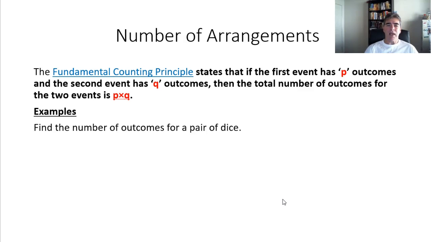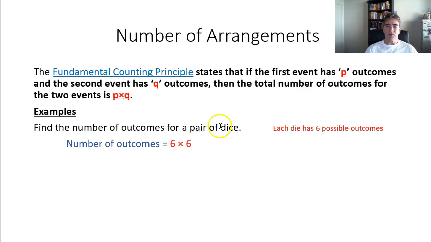So let's have a look at the number of outcomes for a pair of dice. So we know that each die has 6 possible outcomes. So the number of outcomes altogether is 6 for the first die and 6 for the second die, because we're talking about a pair of dice, and multiply those together and we get 36 possibilities.